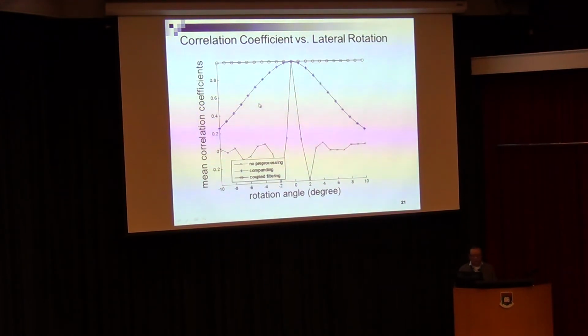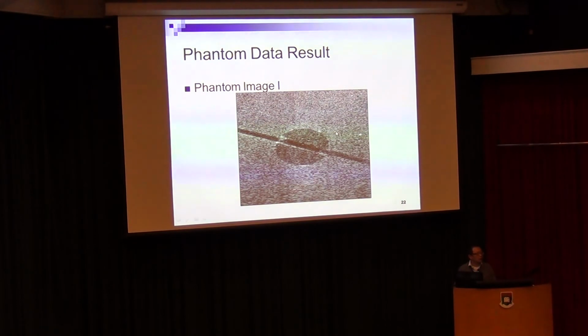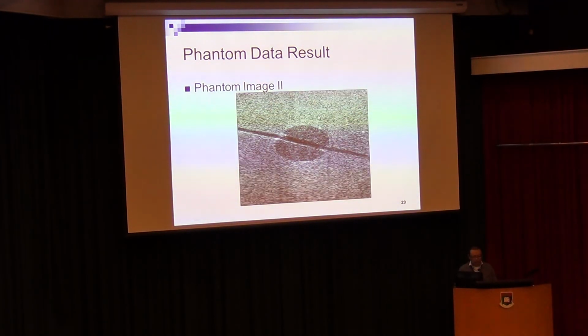We checked the rotation case. We also ran studies on the phantom image. So this is a pair of phantom images made of gel of different density, and then there's a channel here filled with water to mimic a blood vessel, and the dark tissue here, the stiffness is higher.